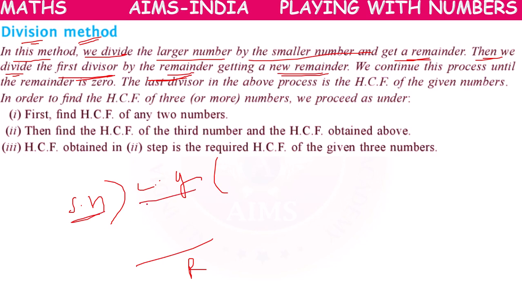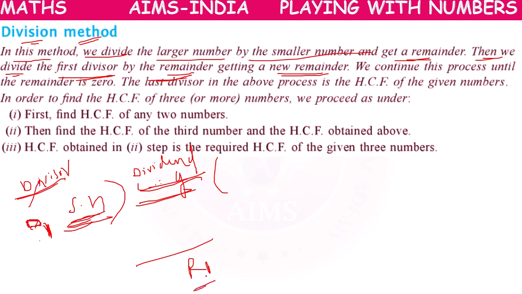So here, the larger number acts as the dividend and the smaller number acts as the divisor. This is divisor 1, D1, and this is remainder 1. One dividend is divided by divisor 1 and we get remainder 1.